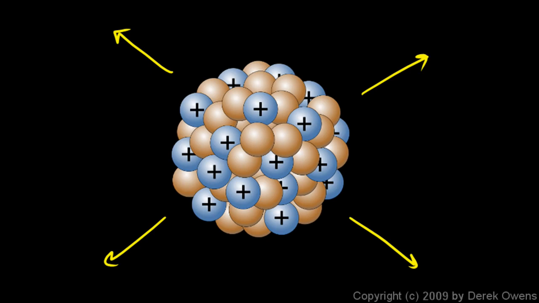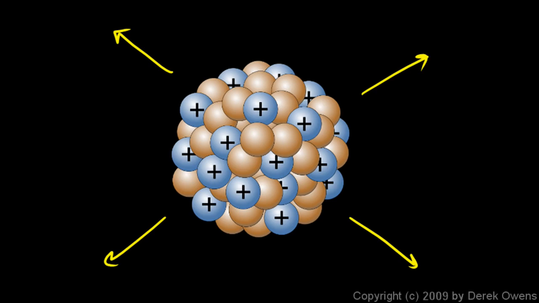So if an atom has a nucleus that's really big, the particles over here aren't attracted as much to the particles over here by the strong force, because the distance is far enough away that the strong force is less effective, since it's such a short range force. Because of that, the outward force from the protons repelling each other can be more significant than the strong force, and the nucleus can split apart.